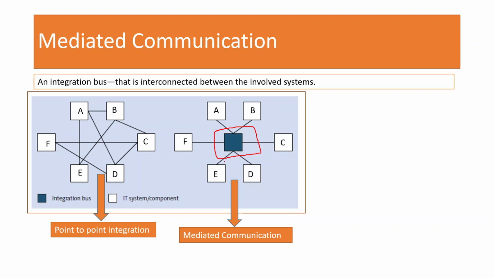If I want to communicate from A to E, you just connect A to the integration bus, and similarly E to the integration bus, that's it. The integration bus takes care of all the data transfer between A to E, A to D, A to C, A to B, A to F. You are using just one connection to the integration bus, and the integration bus takes care of all other related activities.